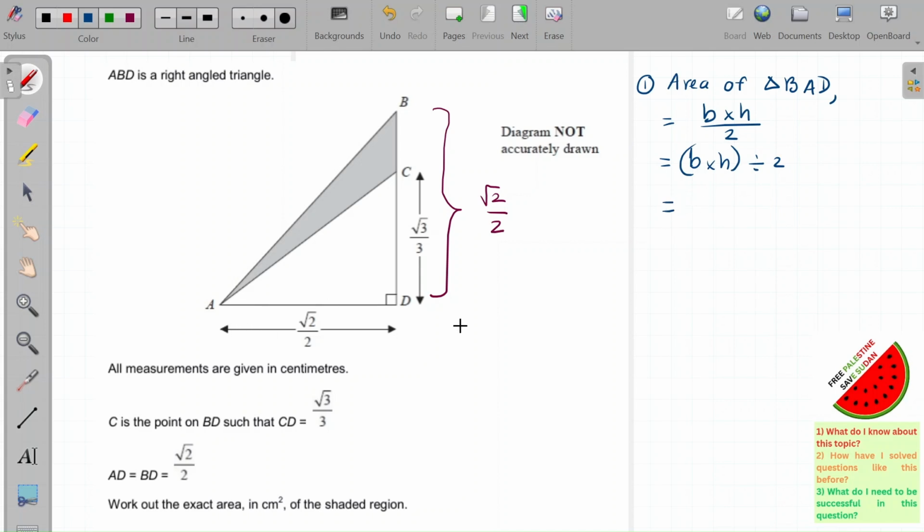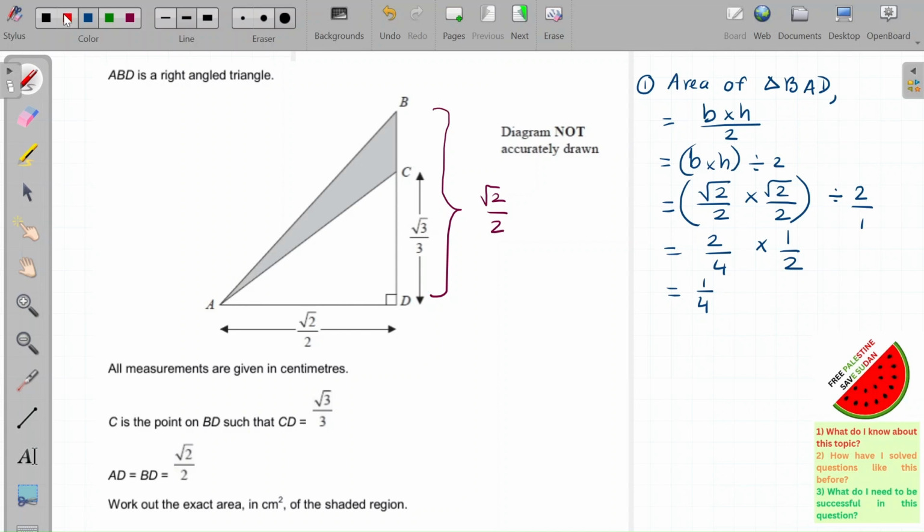So the base is going to be AD, which is root 2 over 2, multiplied by BD, which is also root 2 over 2, and then I divide it by 2. Root 2 times root 2 is 2 over 4, and then this will be 2 over 1, so we multiply by the reciprocal, and then that'll be 2 over 8, which is the same as a quarter.